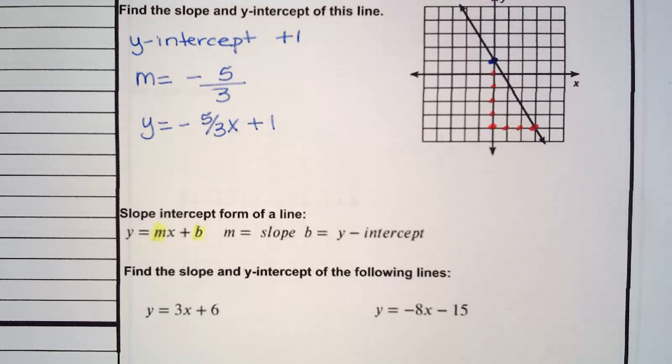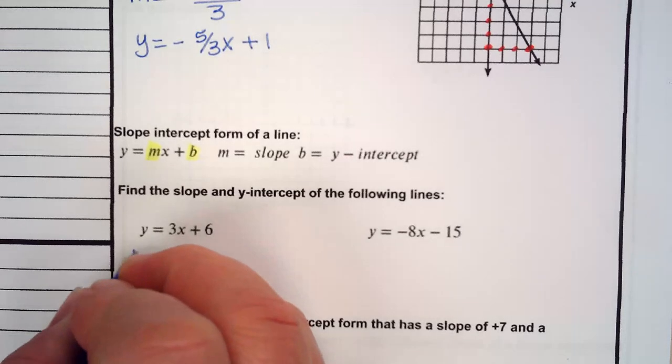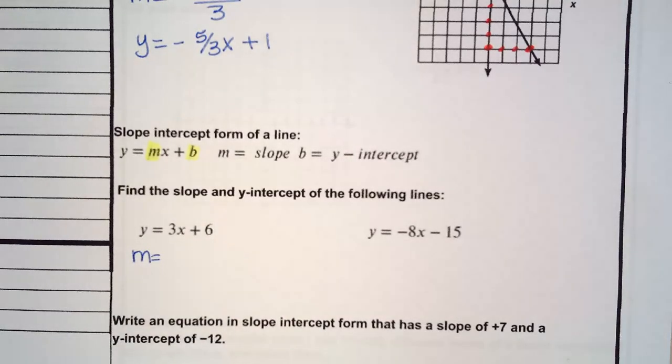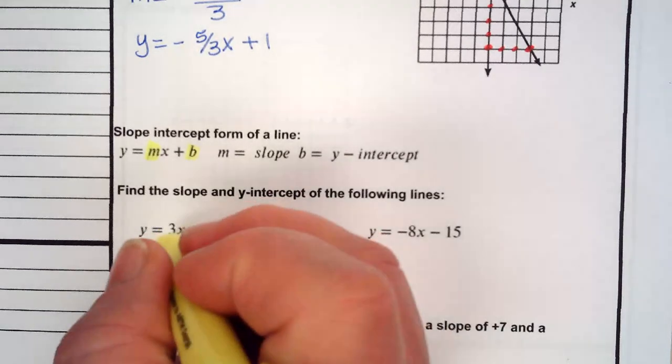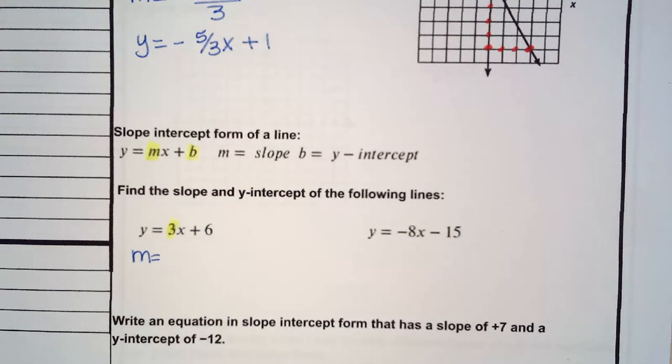So find the slope and the y-intercept of the following two lines. The slope is that number, the coefficient of x, that number in front of x. So your slope here is going to be 3.